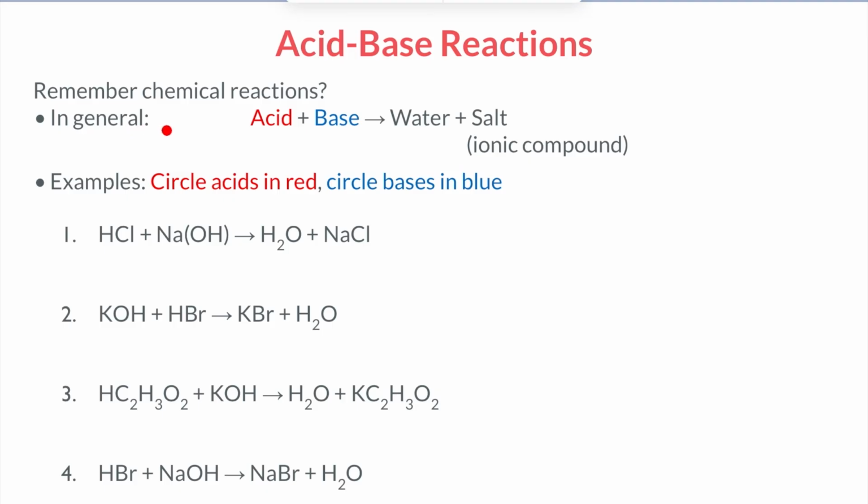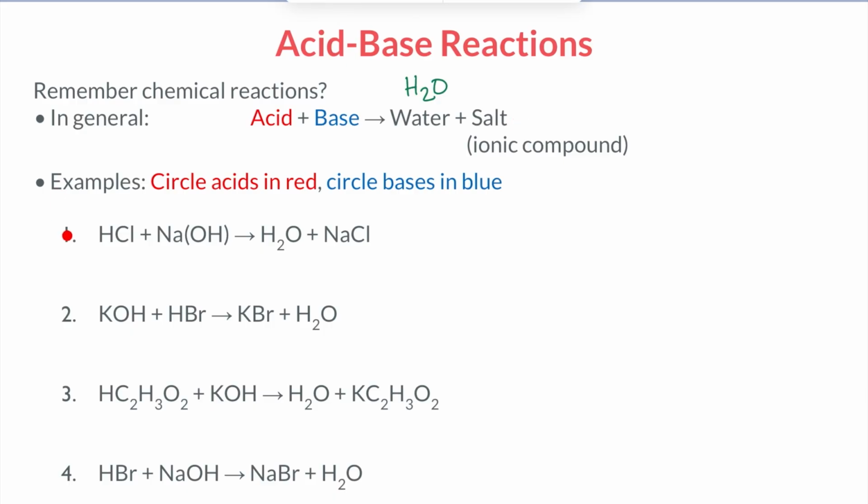But acid-base reactions are specific types of double displacement reactions where we have an acid and a base, and those react to form only pH neutral products. Water is neutral because it is H2O, and a salt, or an ionic compound, is made up of no hydrogen and no hydroxide ions.